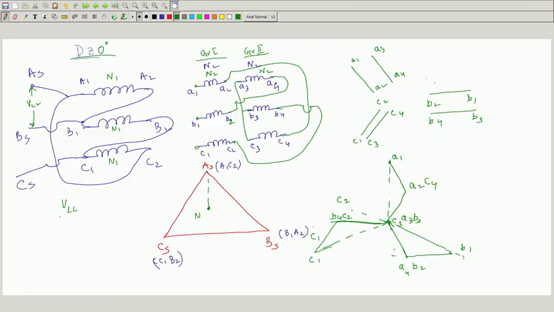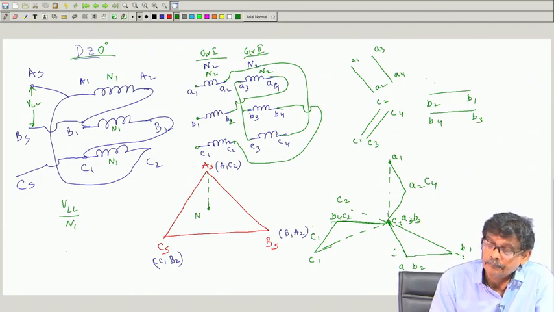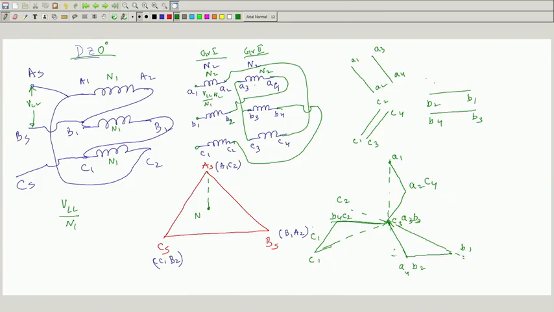VLL by N1, because it is delta connected, the line to line voltage comes here, divided by N1. And what will be the induced voltage? The RMS value is VLL, the voltage per turn, into N2, and this RMS voltage will be the same for all these coils, because they have the same turns.